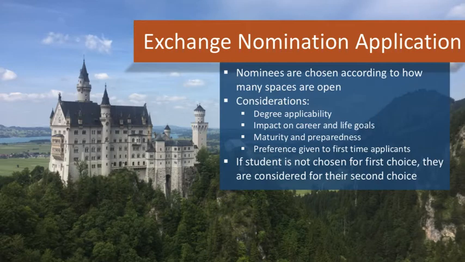That really shines through in your essay. So your essay is an excellent space for you to make a compelling case for why you should be chosen for that particular university or a university in a specific city or country if that's what's motivating you to study abroad. We also consider maturity and preparedness. That comes through in your essay and also in any meetings we may have had with you.